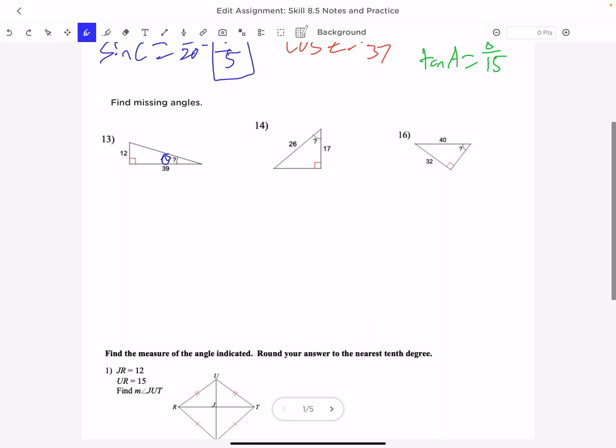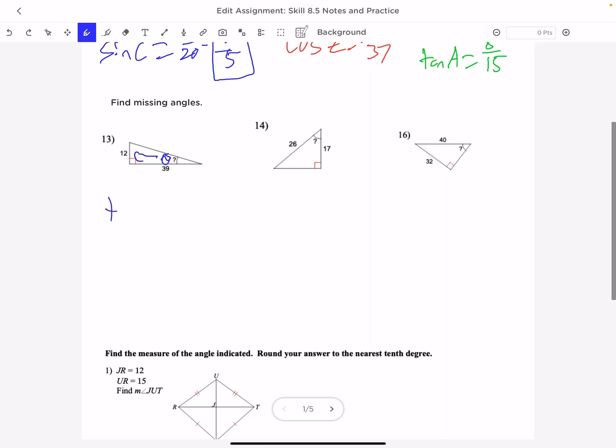When I look at this theta, the 12 is the opposite leg of my missing angle, theta, and the 39 is the adjacent leg, or the leg right next to it. So I'm using tangent, right? Remember SOHCAHTOA.